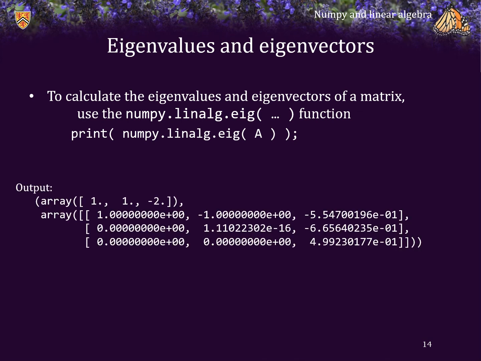However, this matrix is not diagonalizable, and you'll notice that the eigenvectors corresponding to 1 are actually almost parallel to each other. There's just a little bit of numerical error here. This particular matrix is not diagonalizable.